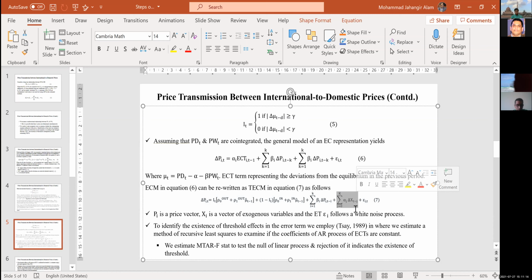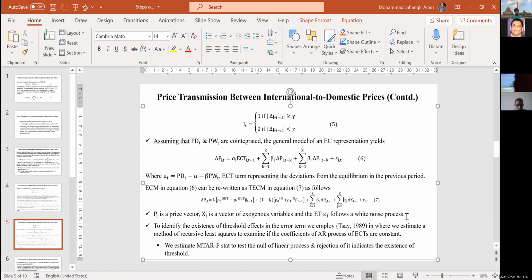This is the exogenous variable, and that's why I didn't put it here, it's something different, XIT. That's the exogenous variable, always in the equations. In my case, since this is the international price to domestic price, the exchange rate is one exogenous variable, and rainfall is also considered in this analysis. So P is the price vector, X is the vector of exogenous variables, and ET follows a white noise process.